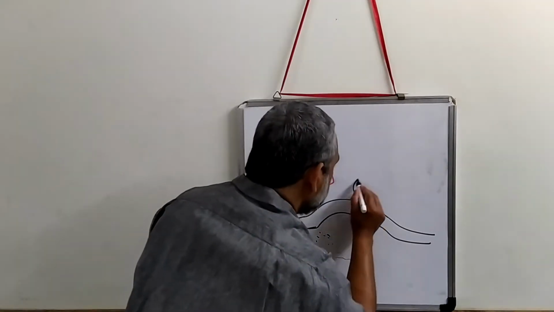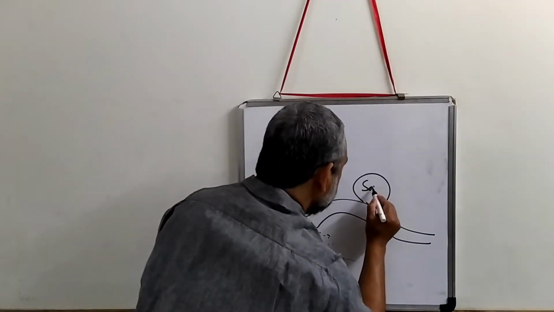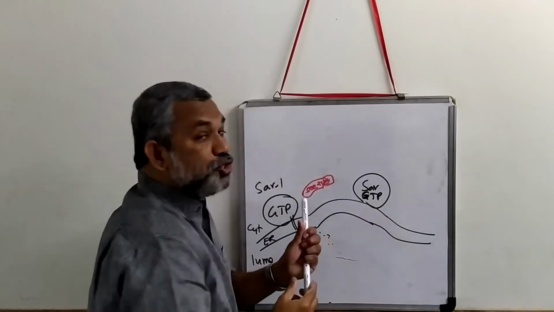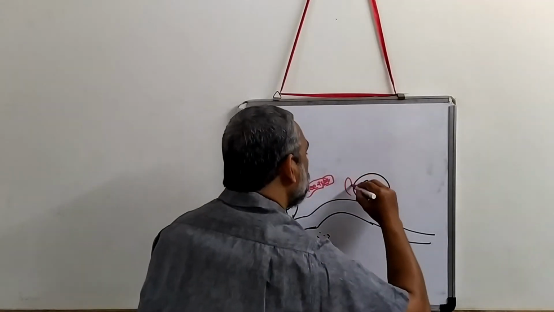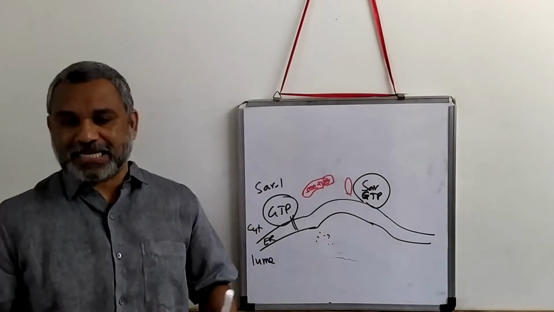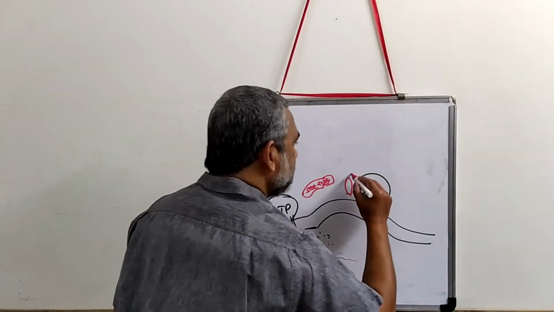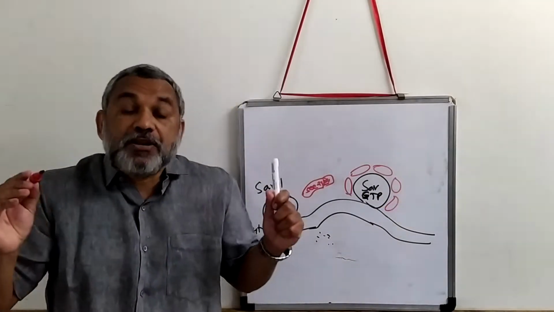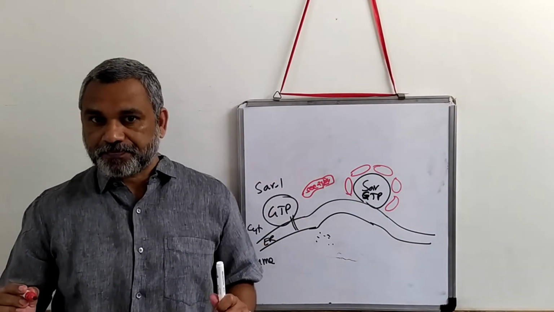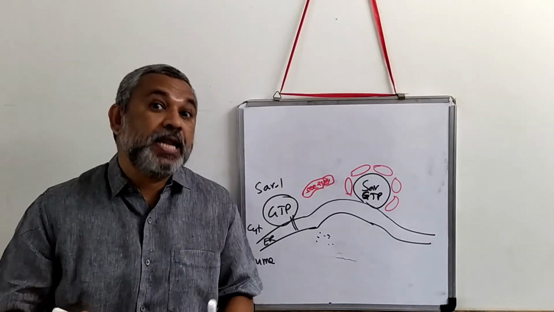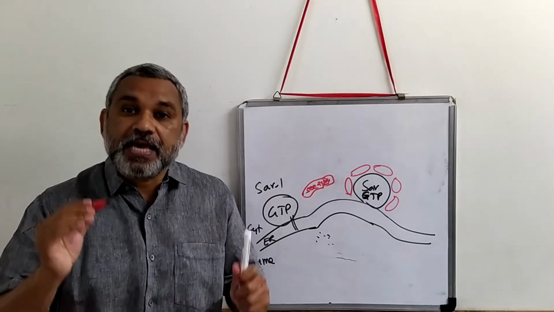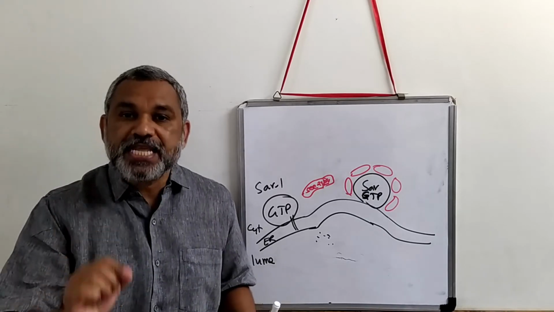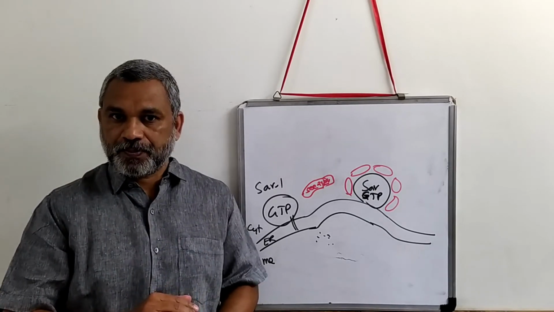So here is a GTP bound SAR, and to this, the coat proteins slowly start getting assembled, one after the other. And through all the possible interactions, it forms a coat around this. This is what we call the inner coat. The inner coat is formed with the help of SEC proteins 23 and 24.